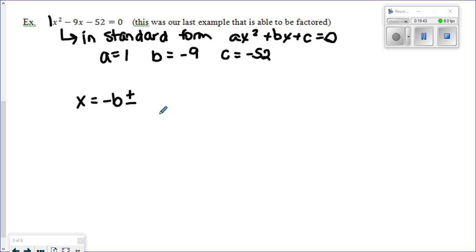That symbol is saying plus and subtract, and we'll see what that exactly means as we go. We'll need that in a bit. Square root of b squared minus 4ac, all of that is under our radical symbol, all of it is the radicand, divided by 2 multiplied by a.